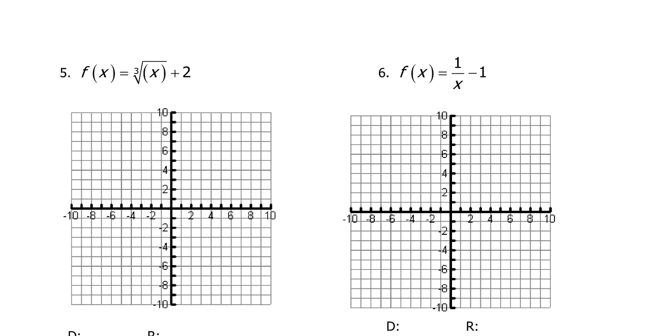Alright, so on number 5, we've got our cubic root function again. And on this one, we're going to move it up 2. Always a good idea to go ahead and graph our original function.